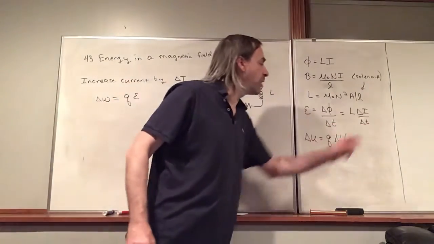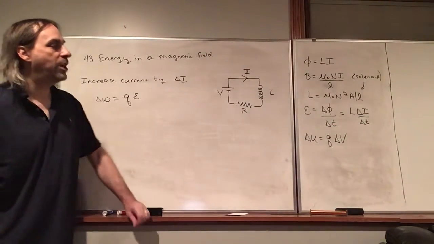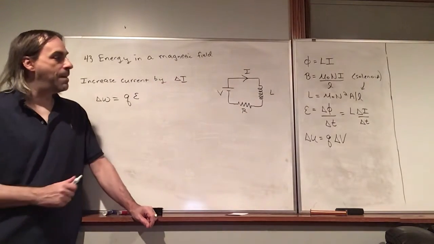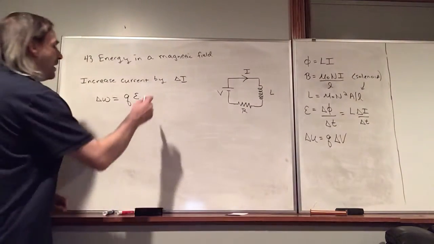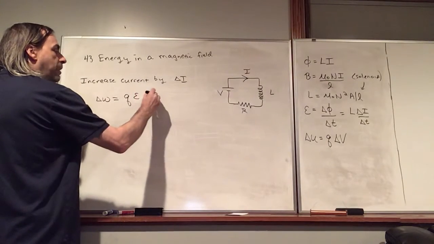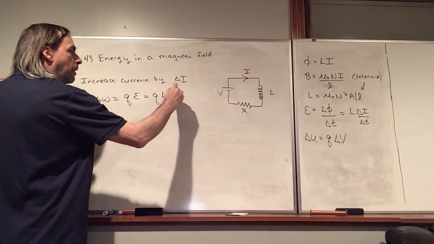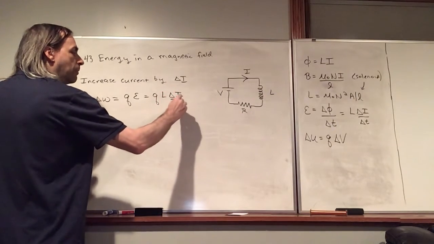So delta I over delta T, that's how quickly you're changing the current. If you try to change it very quickly, there's going to be a strong back EMF. So let's plug that in here. So we have Q times L delta I over delta T.